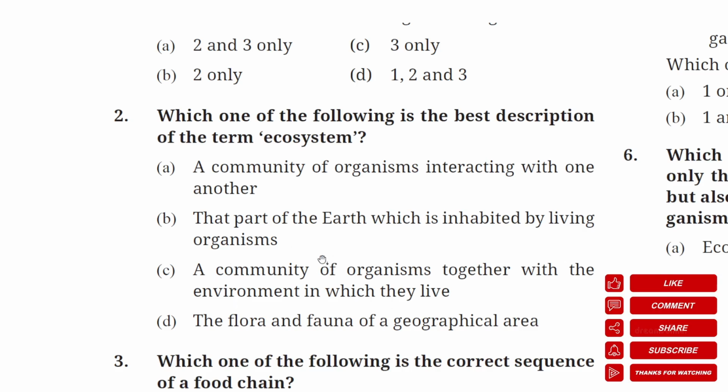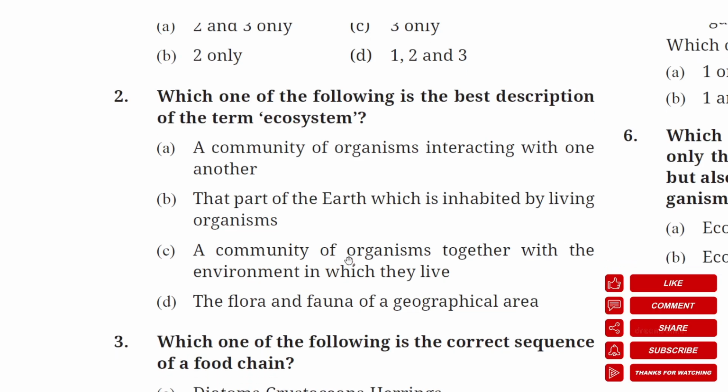That is the highly appropriate explanation. So the answer is 2. An ecosystem is a community of organisms together with the environment in which they live. An ecosystem thus includes all of the living things, that is plants, animals and organisms in a given area interacting with each other and also with their non-living environments like weather, earth, sun, soil, climate, and atmosphere. So that is a simple explanation of ecosystem.